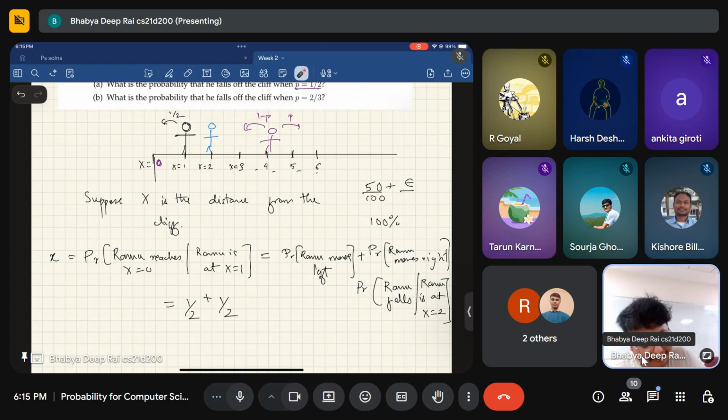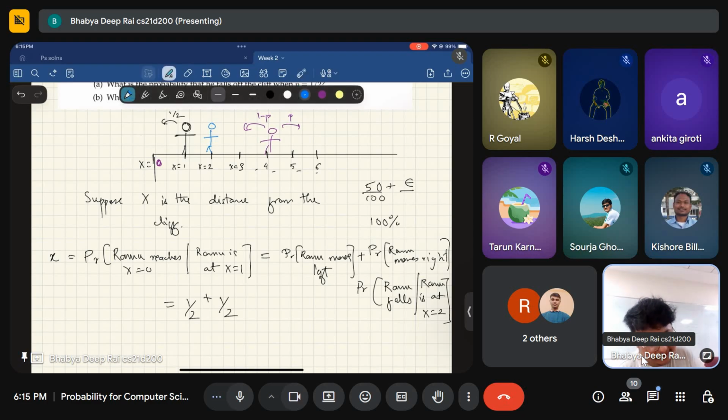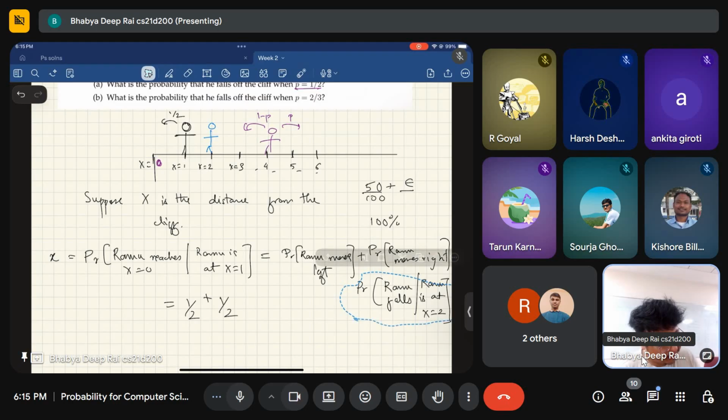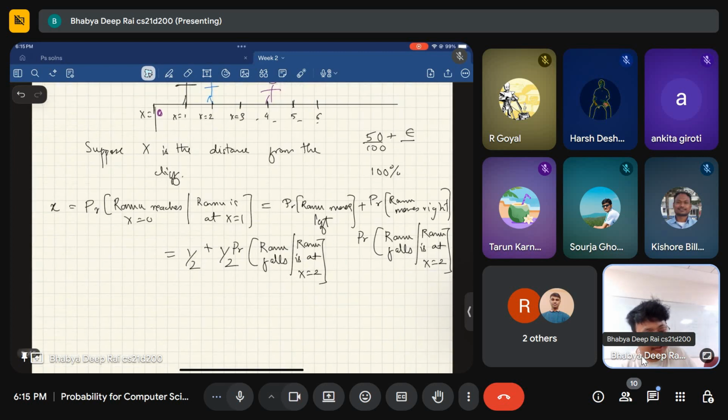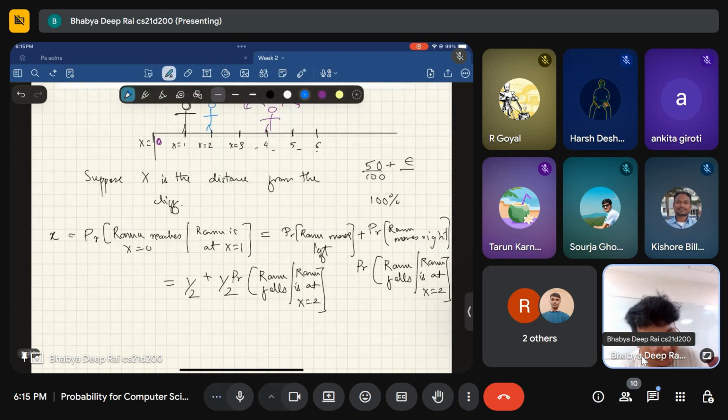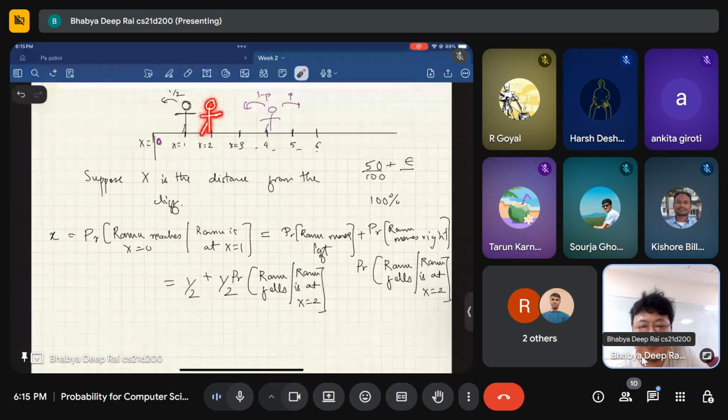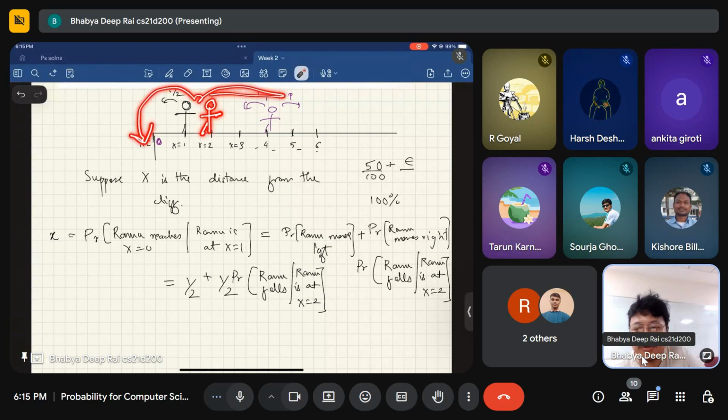But what is the observation? Let me again select this part, copy this and put it here. Now, the main observation that we make here is that if Ramu is at x equals 2 and he were to fall somehow, then during some finite time he needs to reach x equals 1.